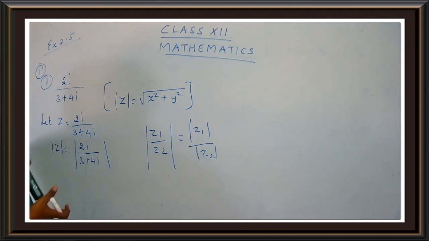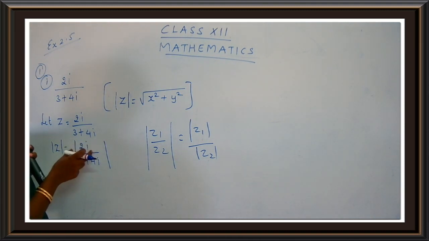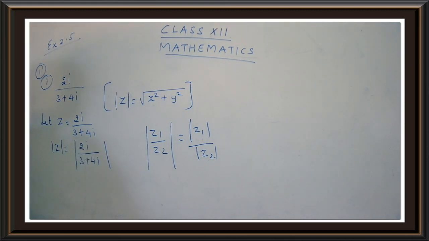See here. So we have a common modulus. So now what are we going to do? We are going to give the modulus separately for the numerator part and separately for the denominator part. So this is equal to modulus 2i upon modulus 3 plus 4i.